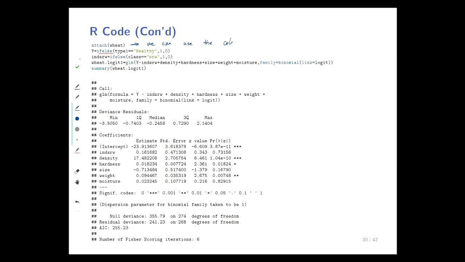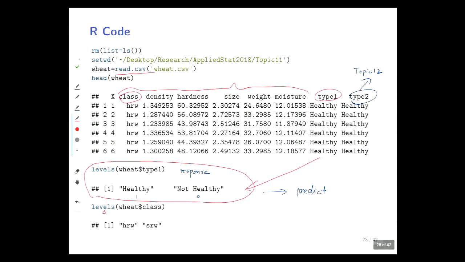After we do that, we can use the column name directly to call a column without using $. For instance, after we use attach weight, we can use type 1 directly, and type 1 is actually a column in the data frame, if you still remember. That's the column name.